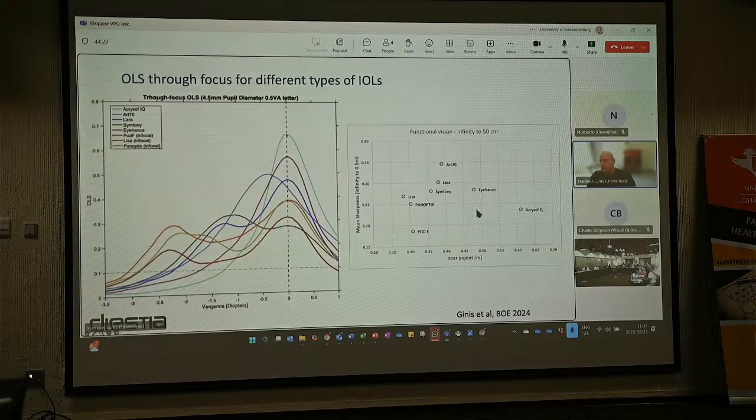Depending on what you want to evaluate, far image quality, range of vision, overall image quality from infinity to near or from infinity to half a meter or whatever is important for every case, you can rank your lenses in an arrangement like that and definitely decide and compare with clinical data and understand which lens is the best for each particular patient.